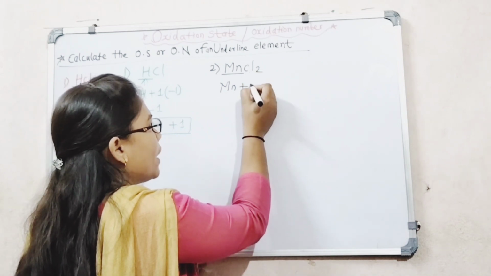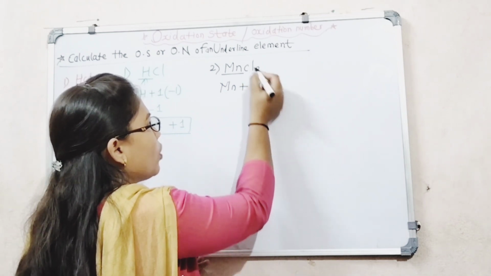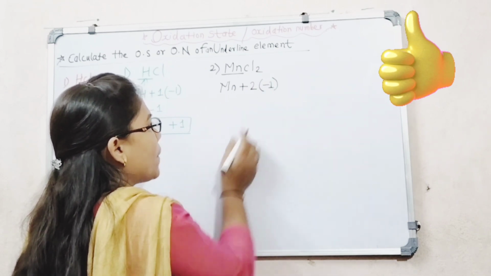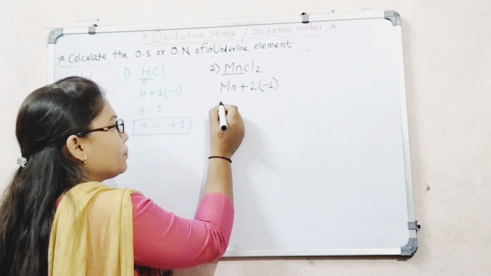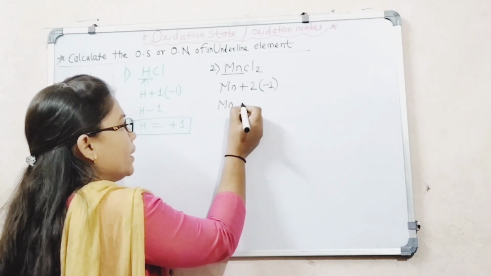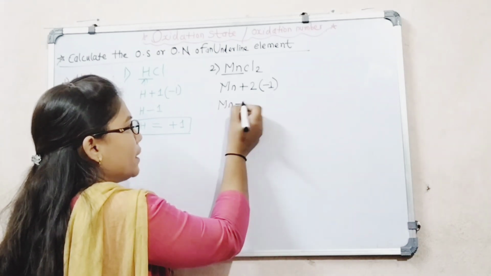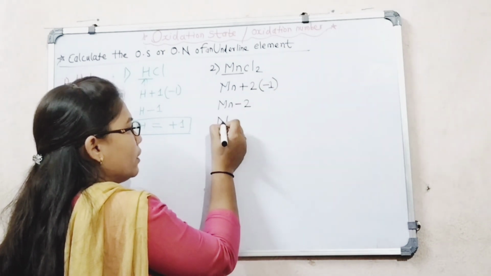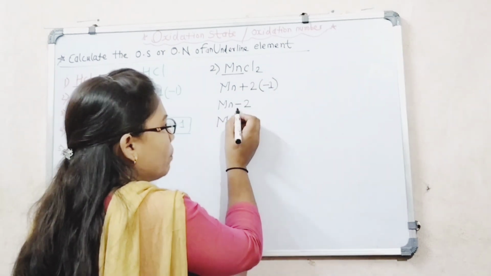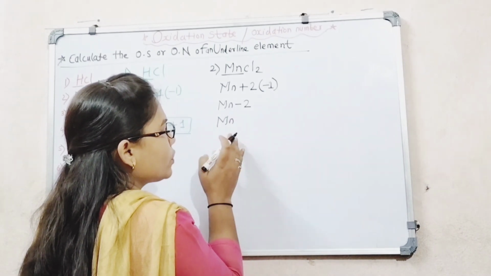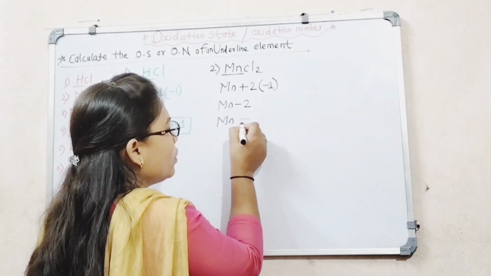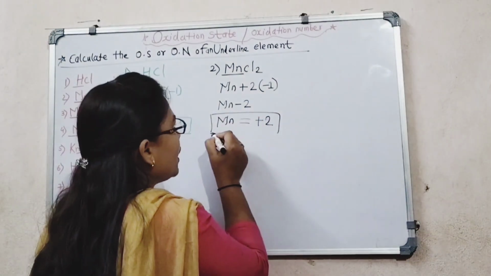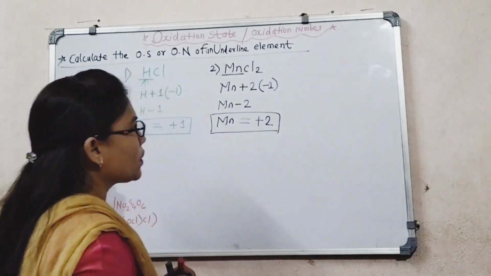So I write 2, and the oxidation state of Cl is -1, so I write -1. Then Mn + (2 × -1) = 0. This -2 becomes +2 when it goes beyond the equal sign. So the oxidation state of Mn in MnCl2 is +2.